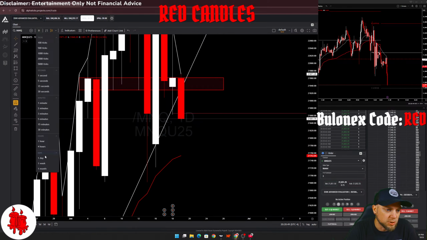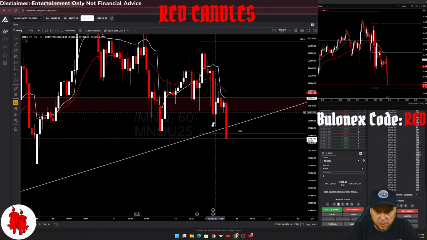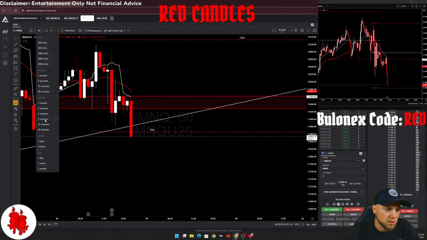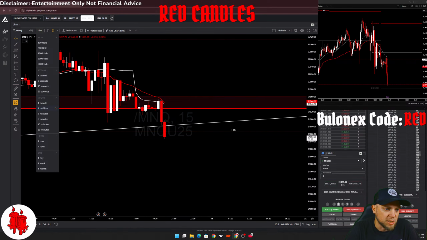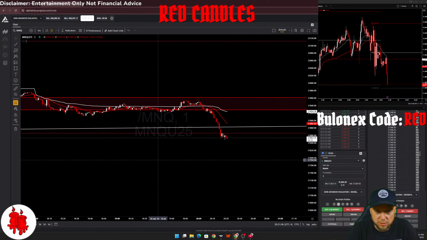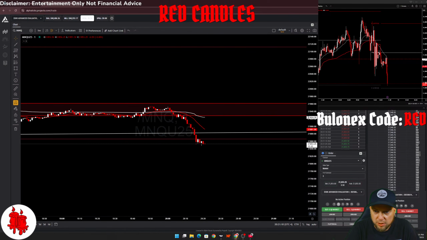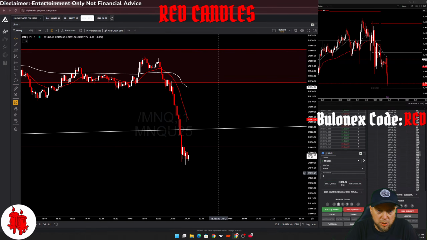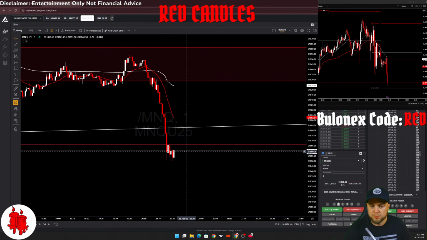But daily we're bullish. Hourly we are bearish. 15 minutes bearish. Okay, everything's pointing towards down, more down. We did break this trend line and the previous day low, so let's see what happens off this retest here.